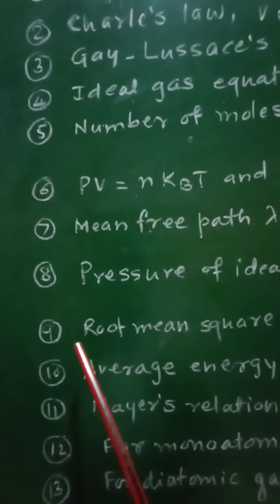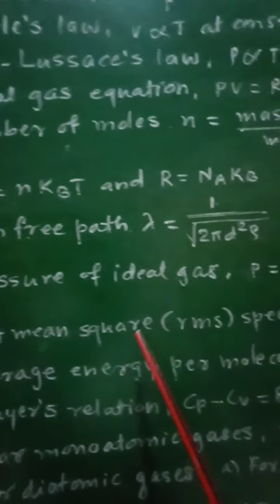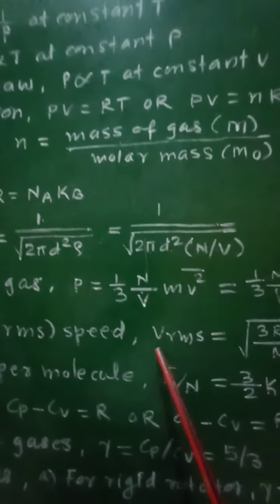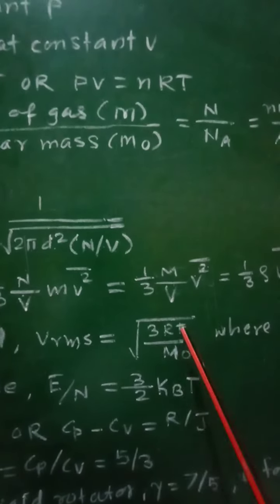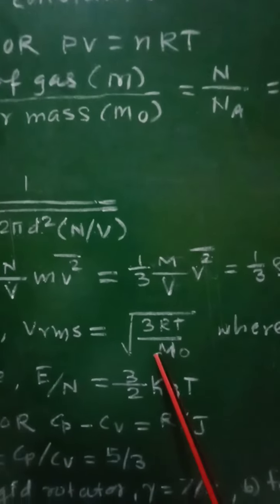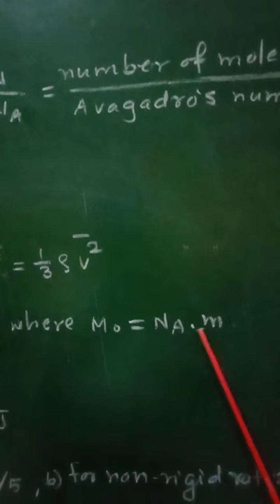Then ninth formula is for root mean square, that is Rms speed. Rms speed is given as v Rms equal to square root of 3RT upon M0, where M0 equal to Na into m.